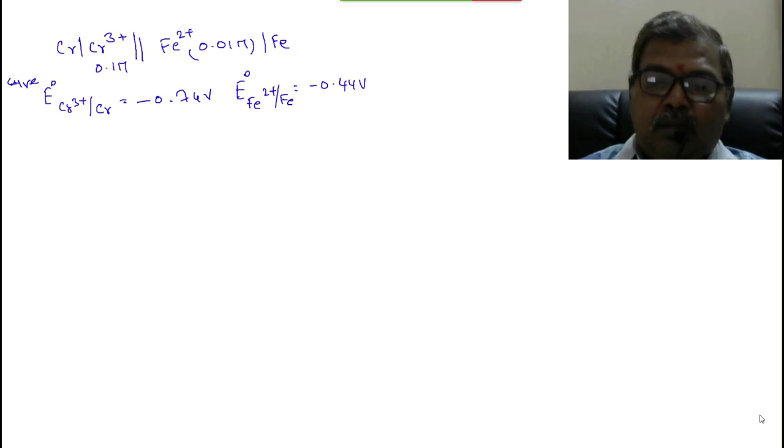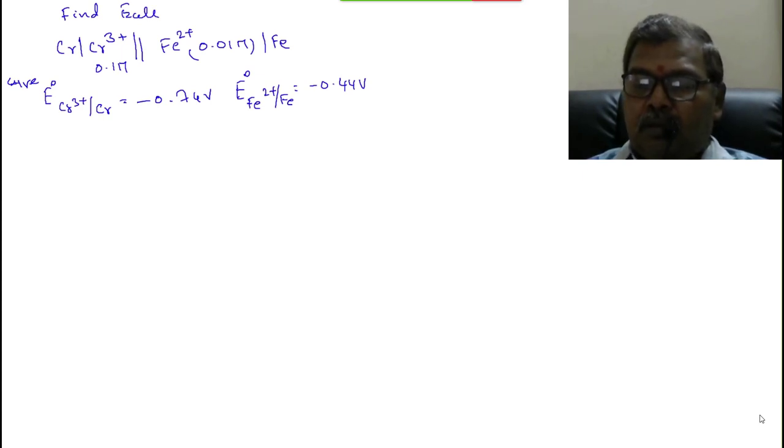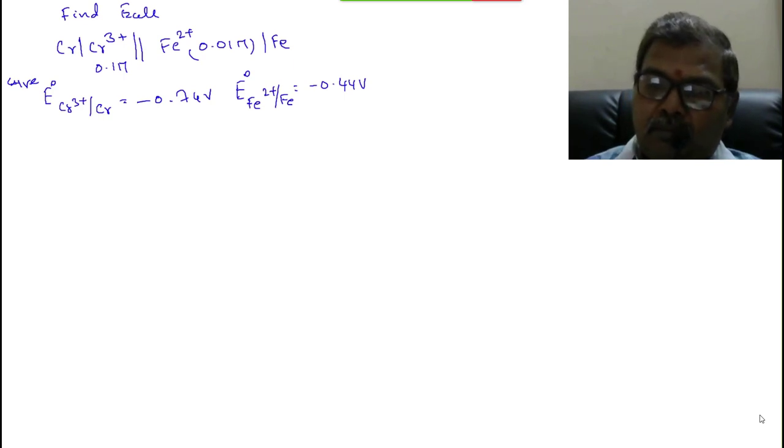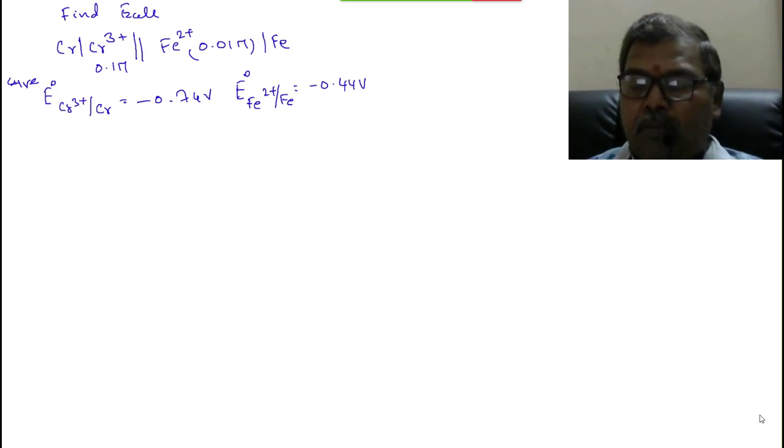Now we have to find the EMF of the cell. We have to follow the systematic procedure to find the EMF of the cell by using the Nernst equation.